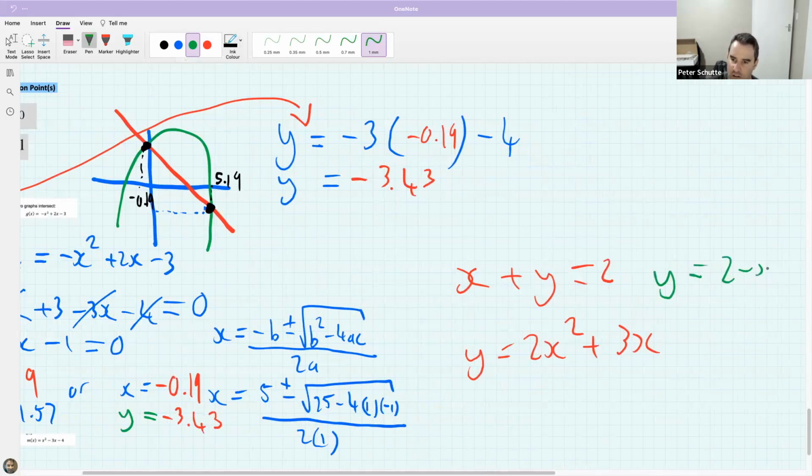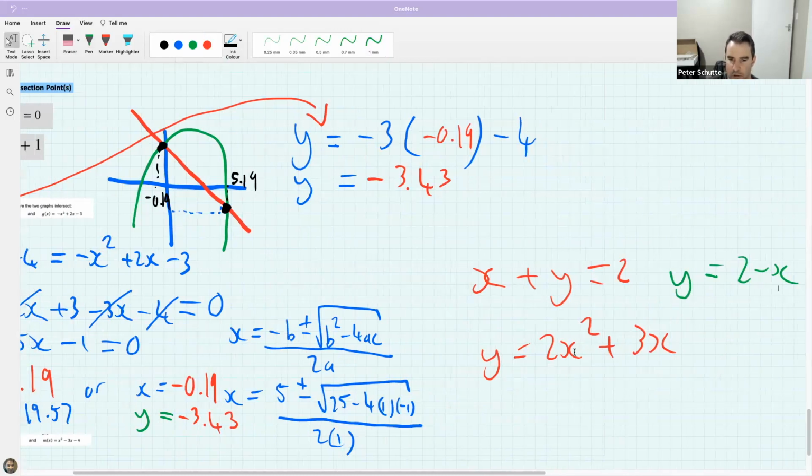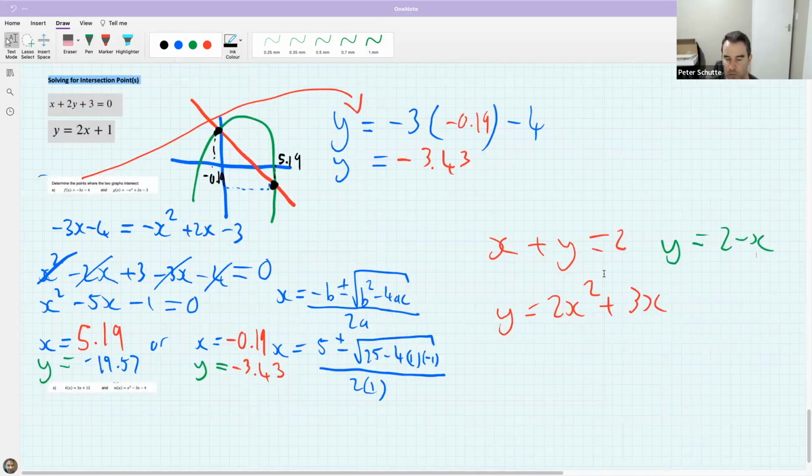So you make it y equals 2 minus x, and then you can sub it into the other one. Sometimes you just have to do a bit of algebra on the equations. But if you want to find intersection points, you make the two graphs equal to each other. Subbing into the other one is kind of the same as equating. It just depends on the situation.